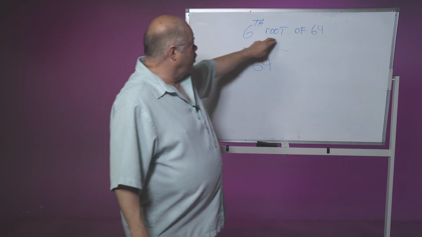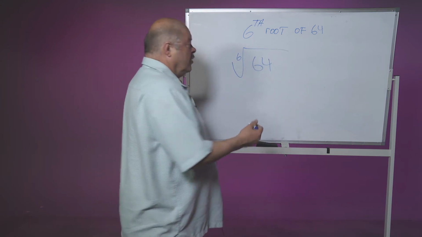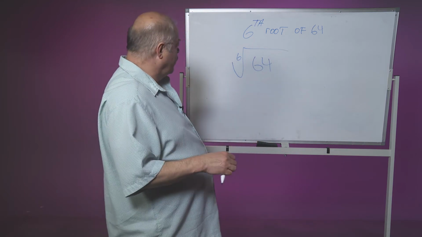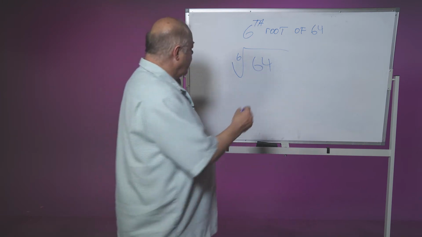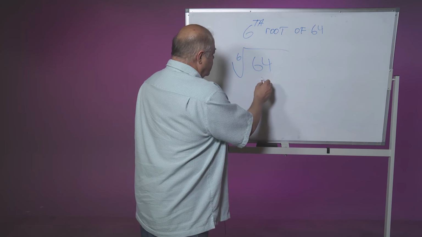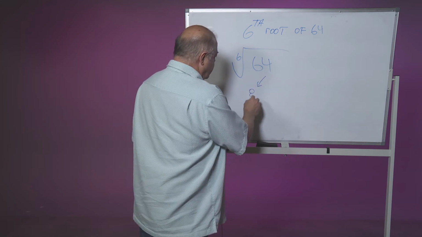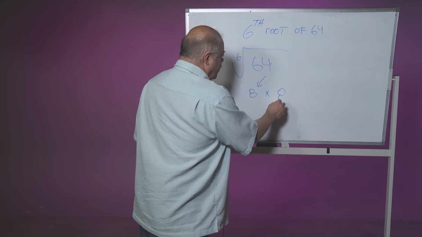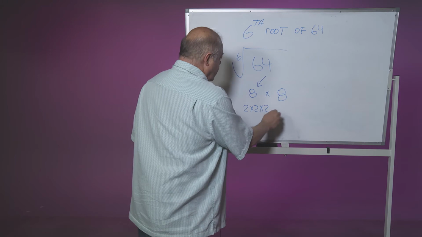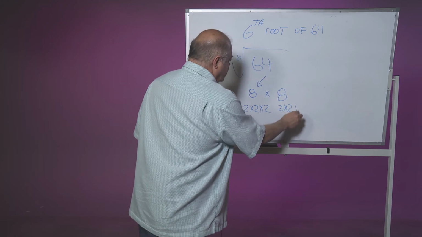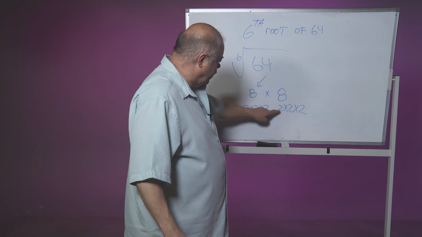The 6th root of 64. Well, the answer, and you have to guess a little bit, but the way you'd approach this is, you know 64 is 8 times 8, and 8 is 2 times 2 times 2, so 2 times 2 times 2, 2 times 2 times 2. Then you can look at that and say, is there 6 of them? 1, 2, 3, 4, 5, 6.